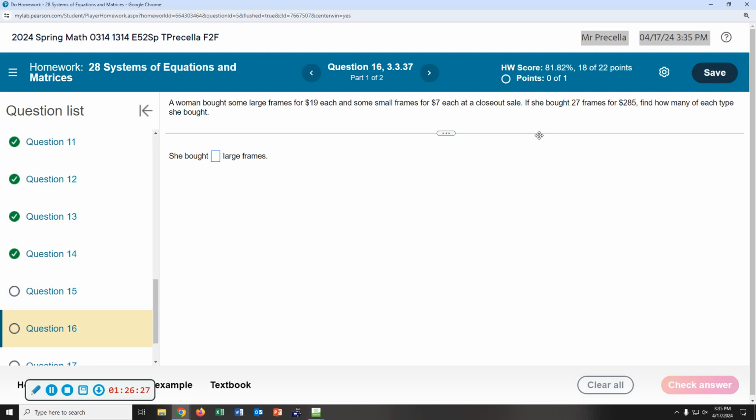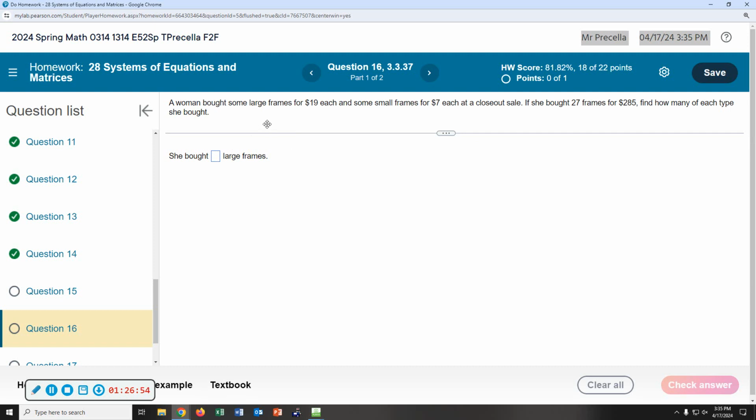So if you have two variables, you want two equations. If you have three variables and only two equations, you're not going to get a unique solution. You'd get infinitely many, which wouldn't make any sense. If the answer was that she bought infinitely many large frames, that doesn't make any sense.